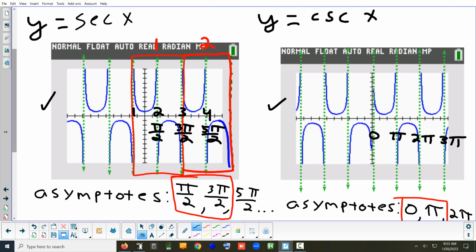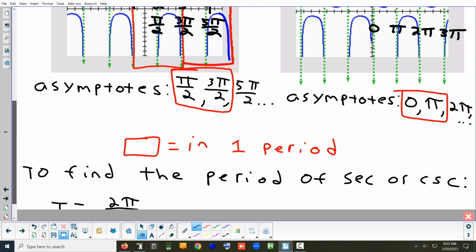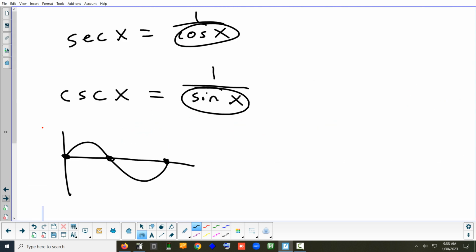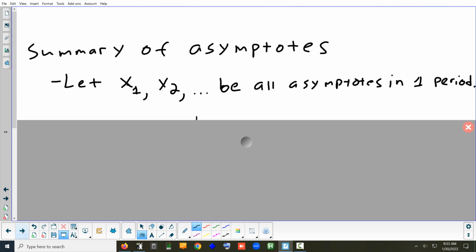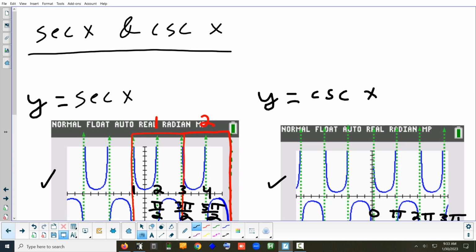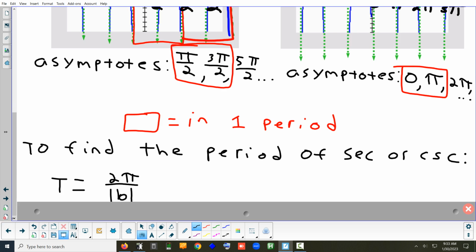Secant and cosecant are just the cosine and the sine flipped. So if you want to find the period of secant or cosecant, you're going to use the formula 2 pi over b.